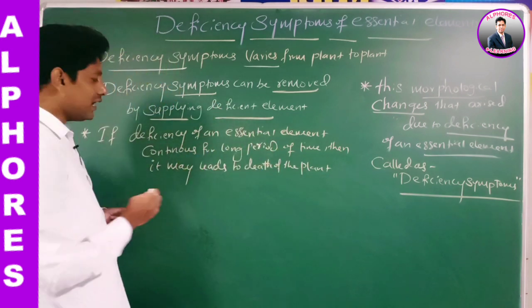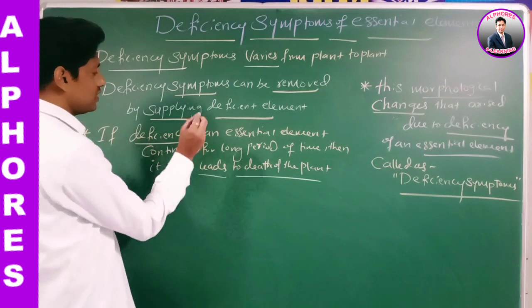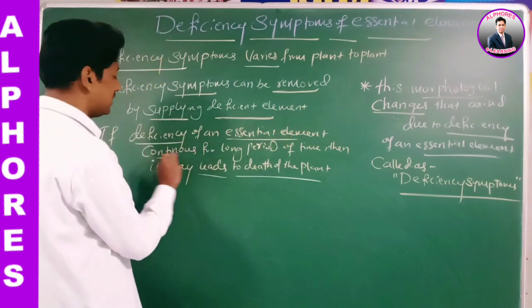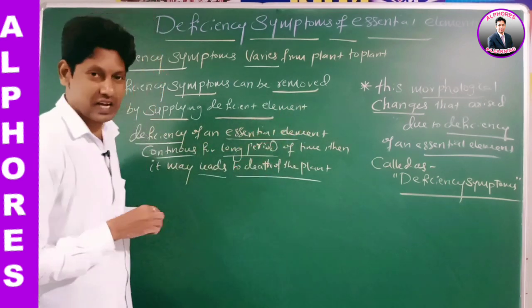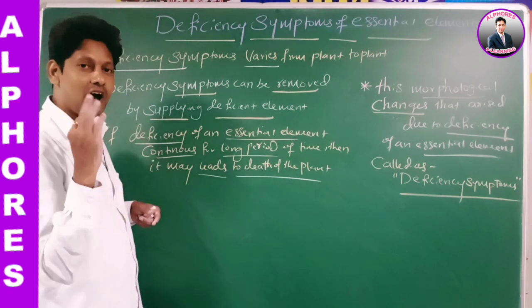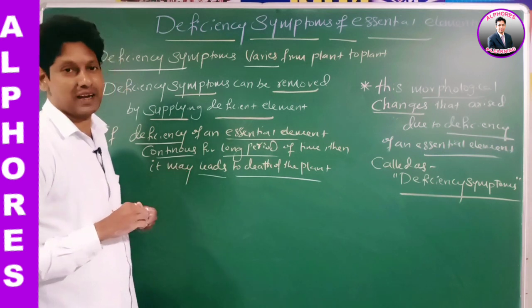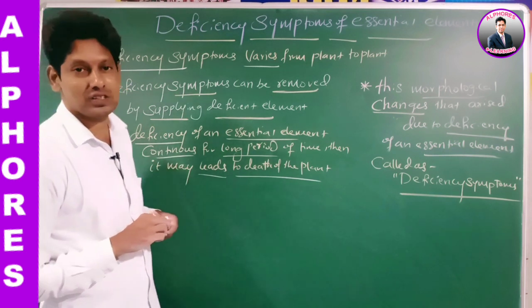Sir, what may lead to the death of the plant? If deficiency of an essential element continues for a long period of time, it means the element is deficient in the plant for a long period of time, then it leads to death of the plant.